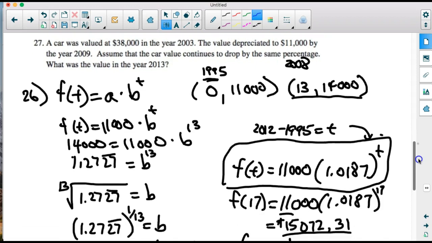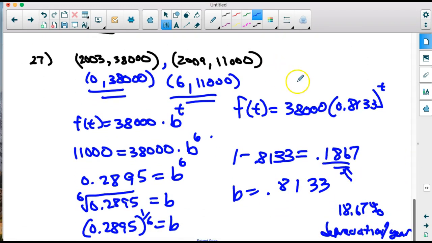Now we want to know what the value is in 2013. So I'm still going to go back up to here to get 2013. What is that? So I'm not going to put that in for t. Remember, we're going to start at 2003, so that is going to be at t equals 10. All right, so we just put in f of 10, and that's the answer I want. So I'm going to do that in the calculator. Again, 38,000 times 0.8133 raised to the power of 10.